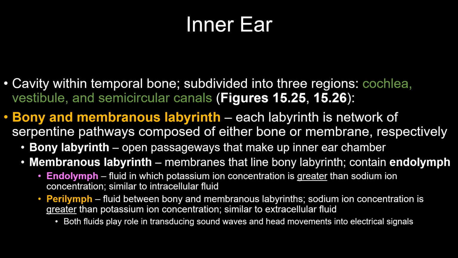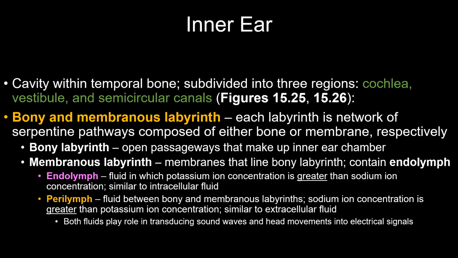Between the walls of the bony labyrinth and the membranous labyrinth is a fluid known as the perilymph. A good way to remember that is endo means inside the membranous labyrinth, and outside, or between the bony labyrinth and the membranous, is peri. Peri typically refers to around.